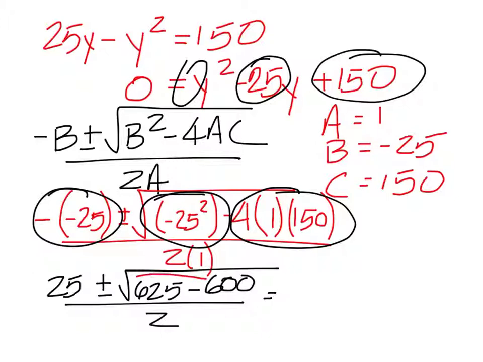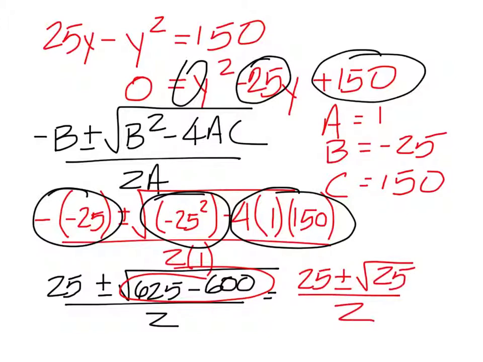So inside here, 625 minus 600 is how much? 25, yeah. So we'll continue this on to the next page.